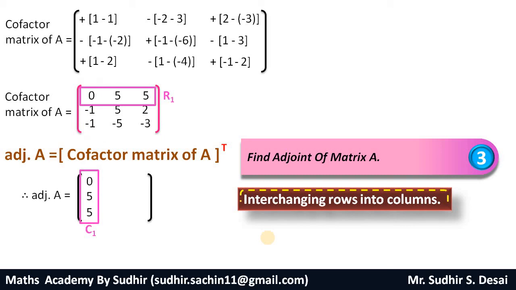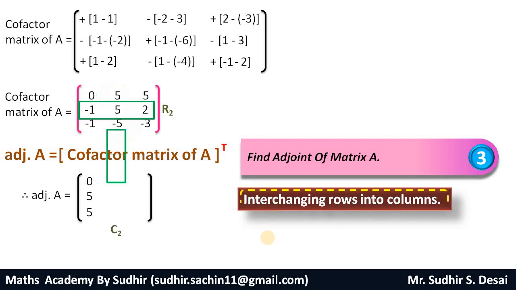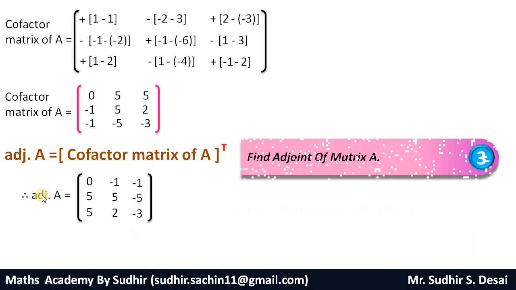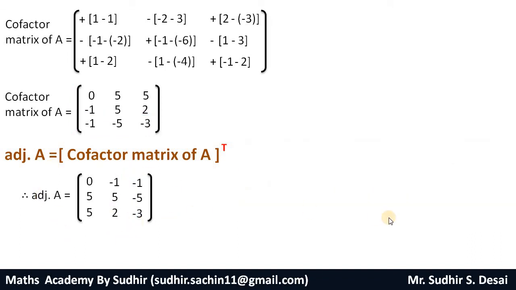So elements will be 0, 5, 5 in column 1. Row 2 will change to column 2: minus 1, 5, 2. Row 3 will change to column 3: minus 1, minus 5, minus 3. So after interchanging rows into columns of the cofactor matrix, the matrix obtained is the adjoint of that matrix.